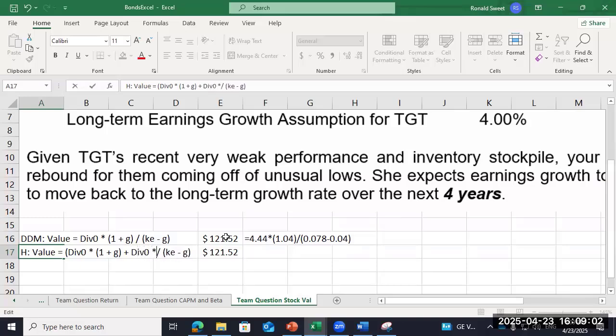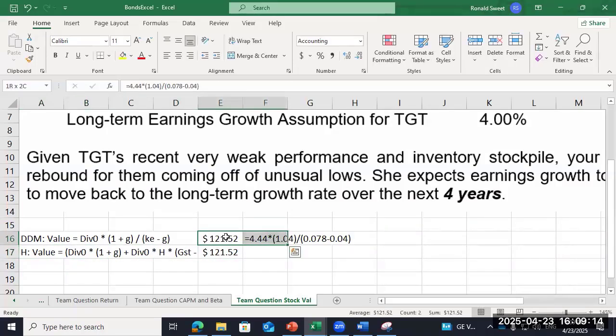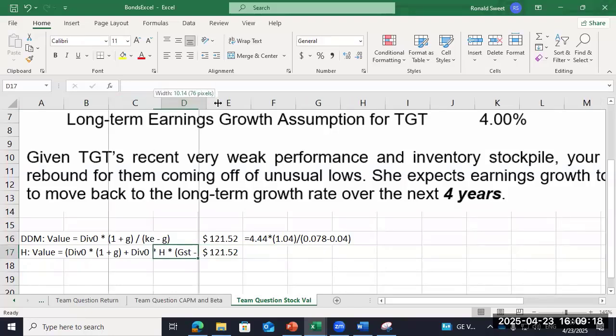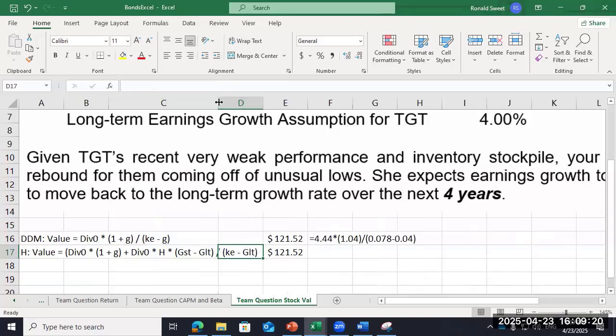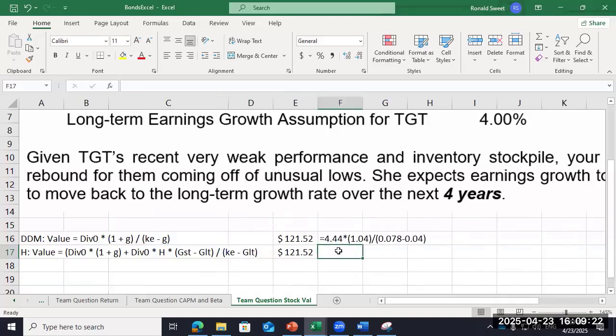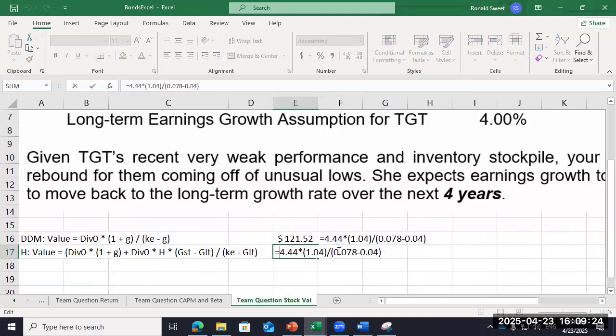Dividend 0 times H times growth short term minus growth long term, divided by KE minus growth long term. So it's the exact same formula. So we do the exact same thing again, but here we add in plus 4.44.